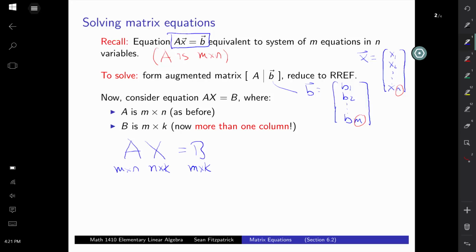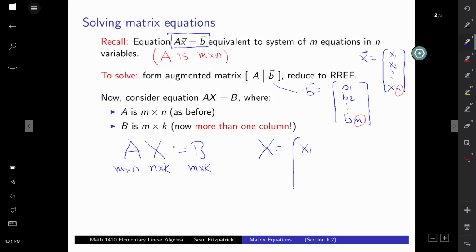Okay. So we're going to set this up, and the idea is to take x and divide it up into columns. Let's see how this looks.